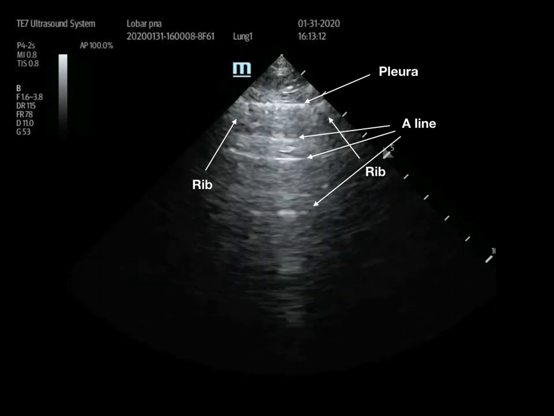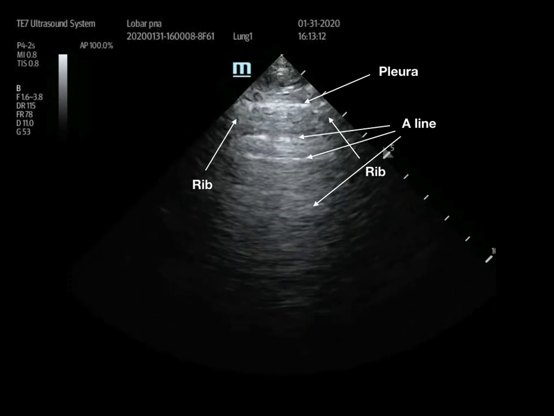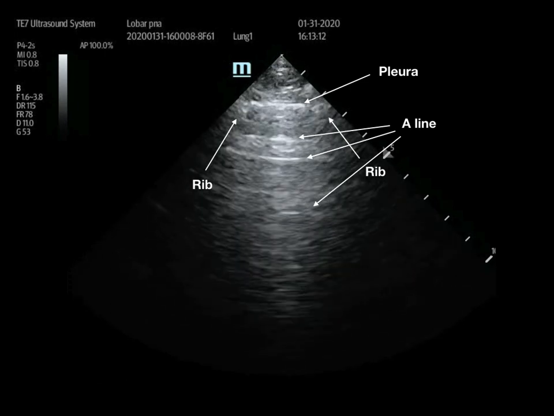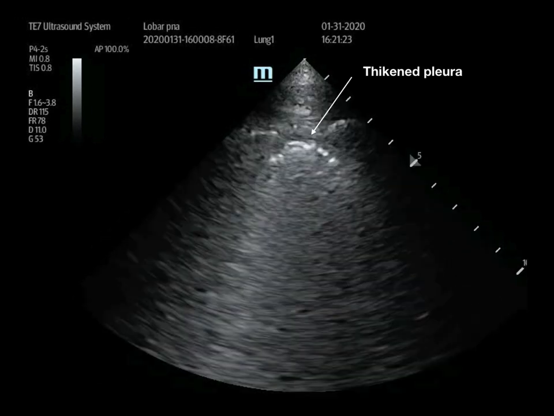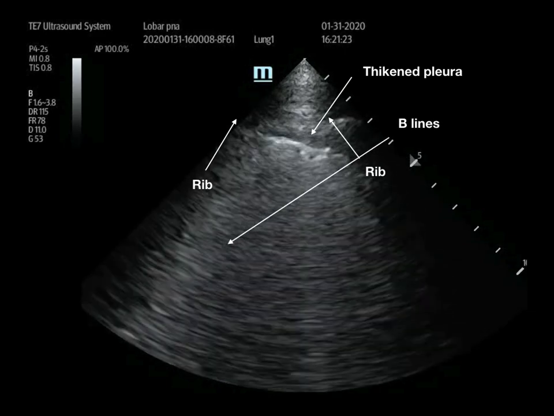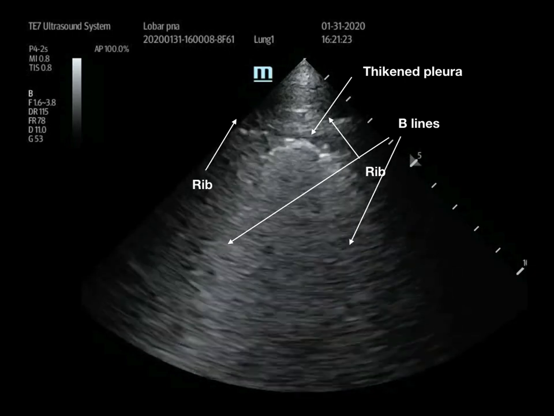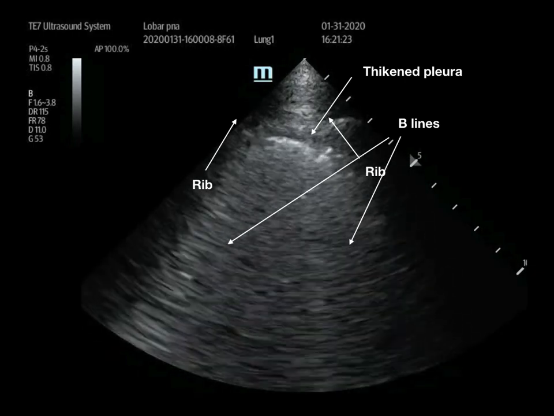Then we went to the back, specifically to the right lower side of the patient, and this is what we found. Here you can see a thickened pleura, again a rib with acoustic shadow, and you can see a B-line here moving up and down.